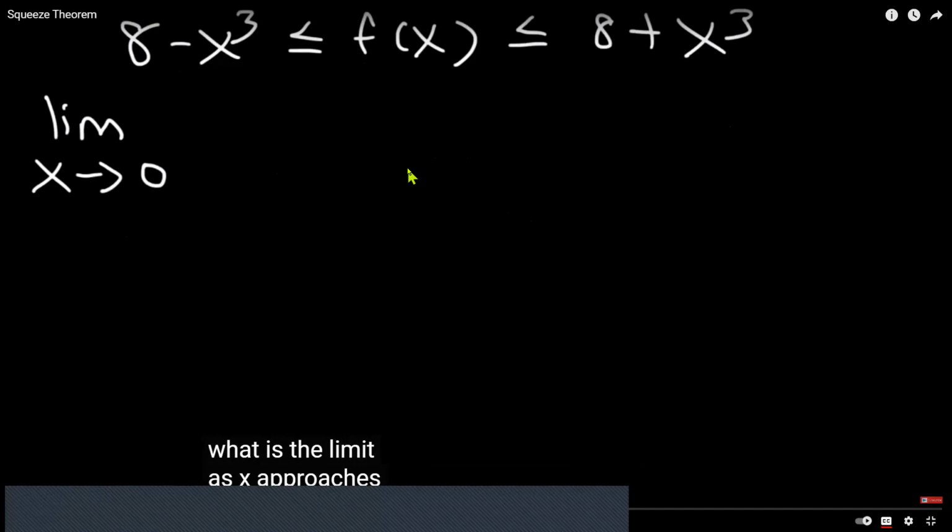F of x is between these two functions. So my h is 8 minus x cubed, okay? My g is 8 plus x cubed, right? You follow me?